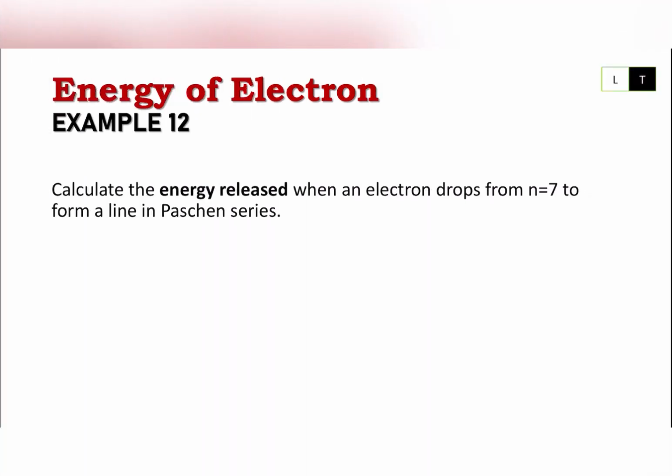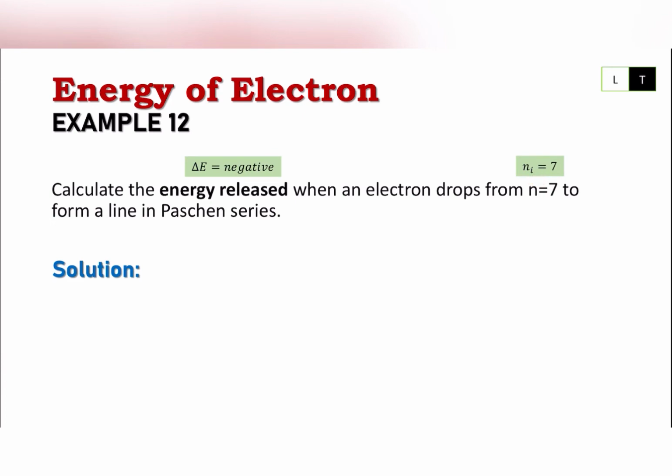Let's try another example. Now I want you to calculate the energy released when an electron drops from n equals 7 to form a line in the Paschen series. This is where you take out the information. The energy release indicates that delta E should be in negative sign. From n equals 7, automatically this is your n initial.